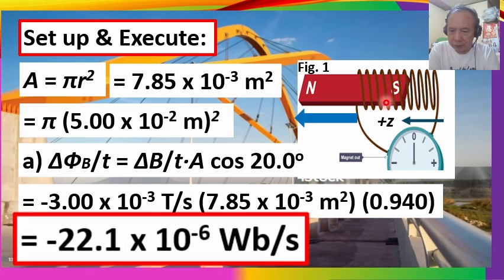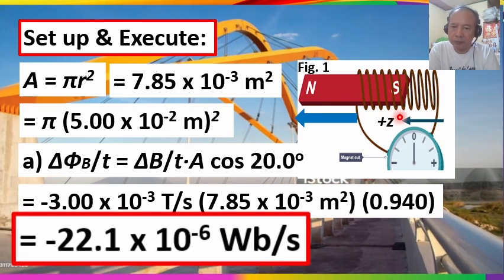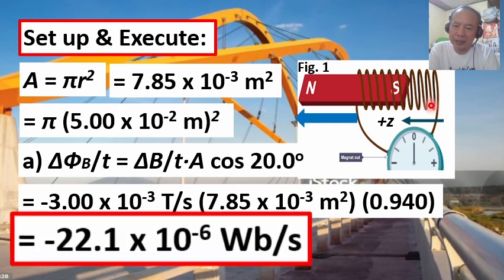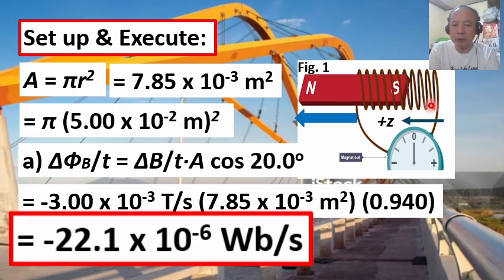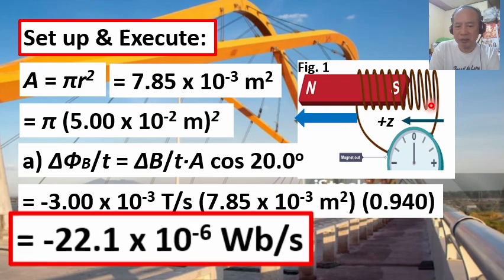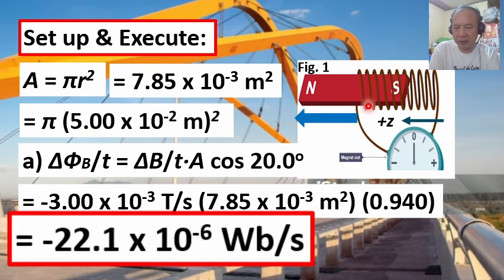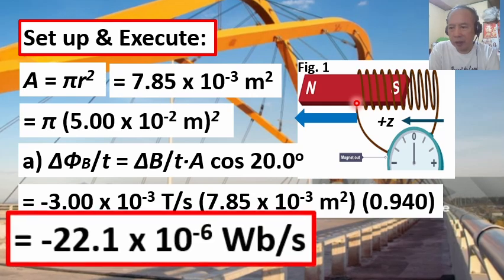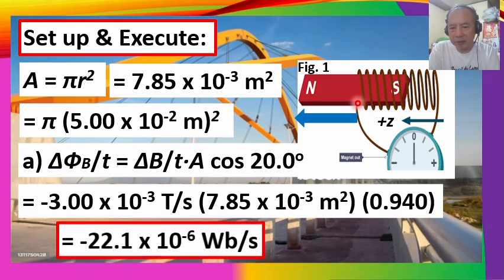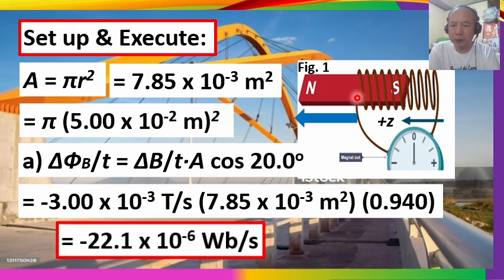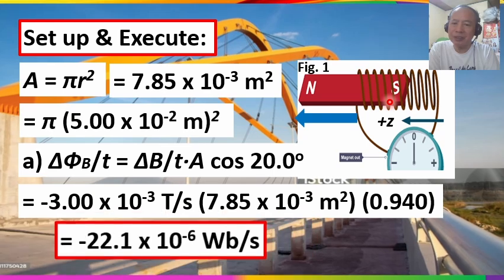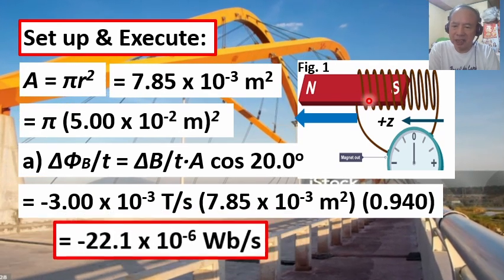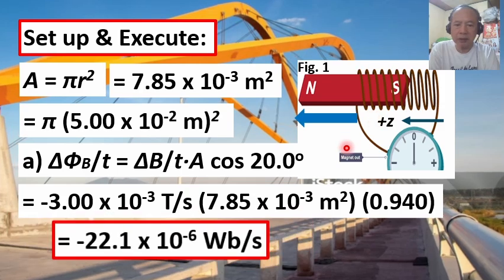So while doing that, there is a change, in fact a decrease, in what we call magnetic flux. In other words, how fast is the change in the magnetic flux?